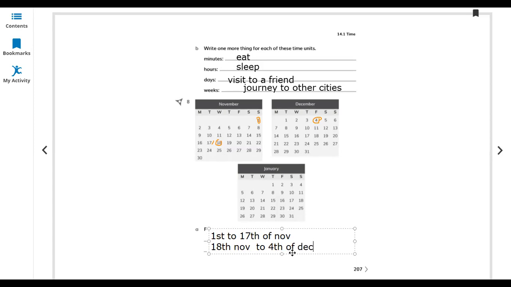I'm just writing abbreviations, so you can write like this. So like this you can choose 2 dates. It's enough, no need to write the days. The first is Tuesday, and the second one Friday.